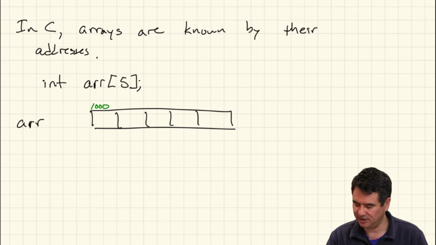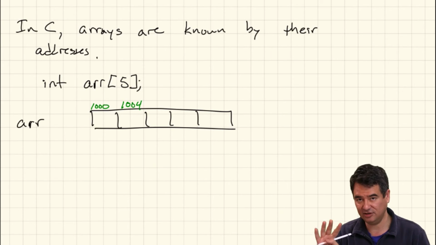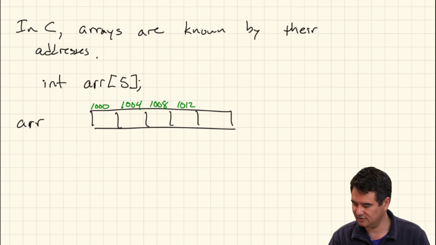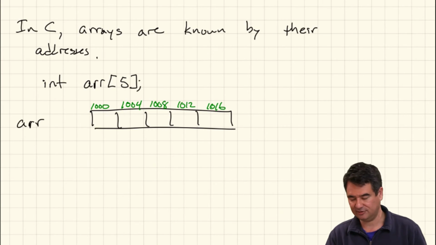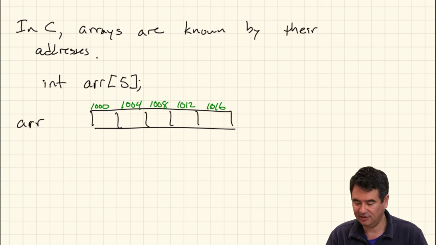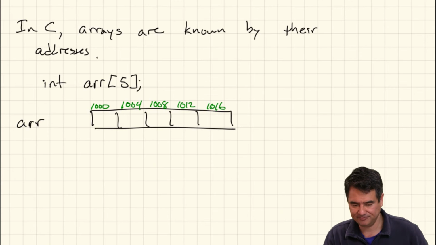That means the next box lives at address 1004, because each one is an integer, and I'm assuming integers are 32 bits, so each one occupies 4 bytes. The next one is 1008, 1012, 1016, and so forth. So if I ask what's the value of arr by itself, it would say 1000, because that is the address of the first element of the array.